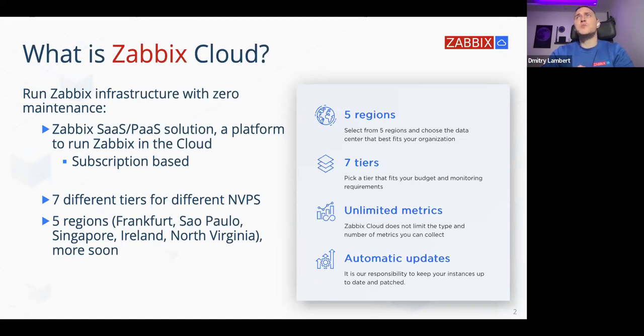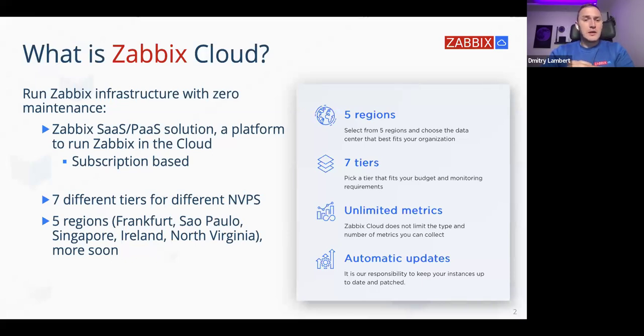If it's super sensitive, you might monitor every single second, which is usually not the case. Usually it's around a minute, maybe 5 minutes, maybe even an hour. By taking the number of metrics and dividing by the update interval, you get the new values per second, so you will understand which tier you actually need.